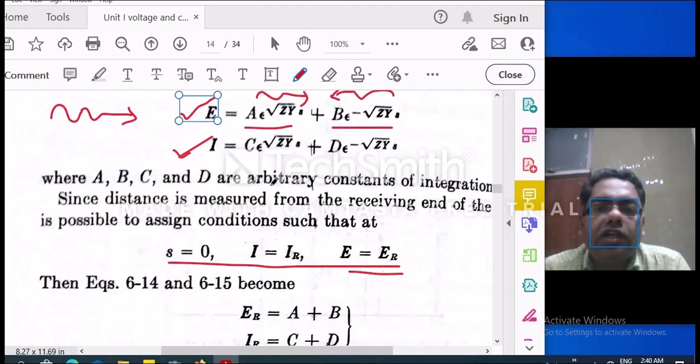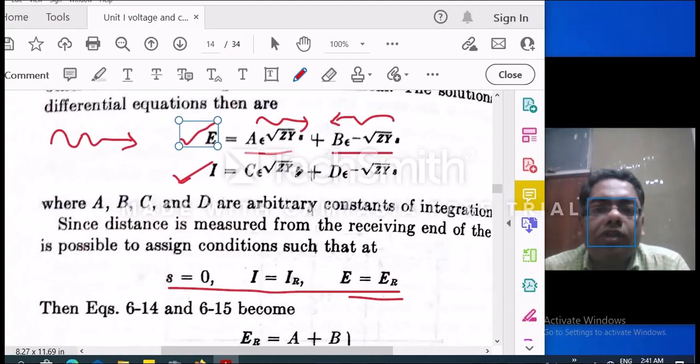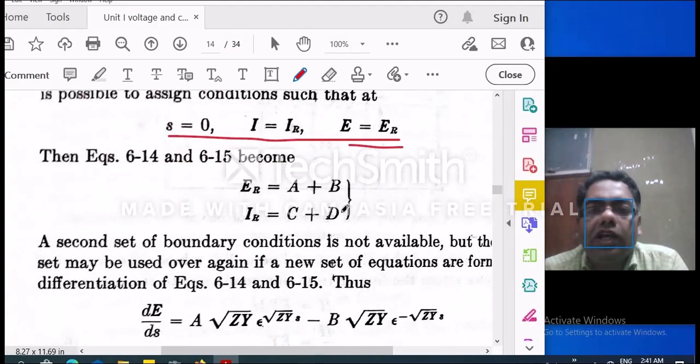So we will get ER equal to A plus B and IR equal to C plus D. Exponential terms will not be there because S is 0, since e to the power 0 is 1. So we are getting this.